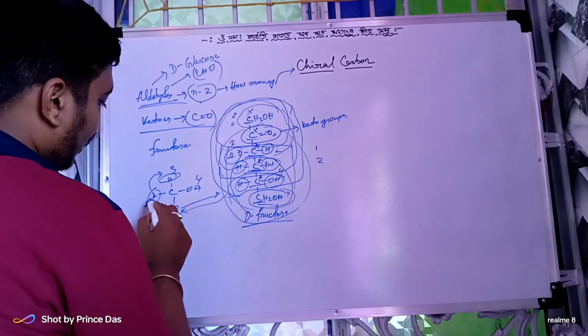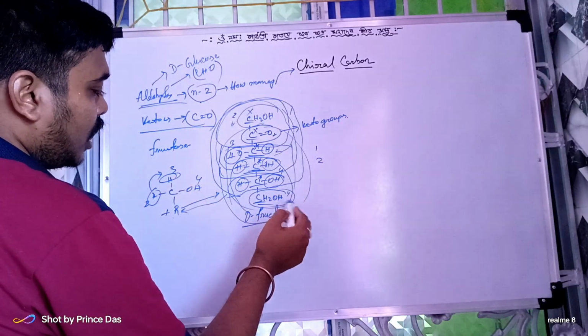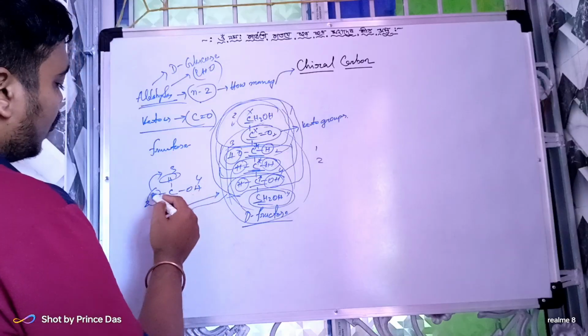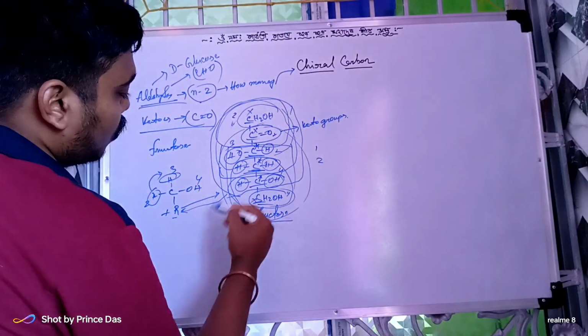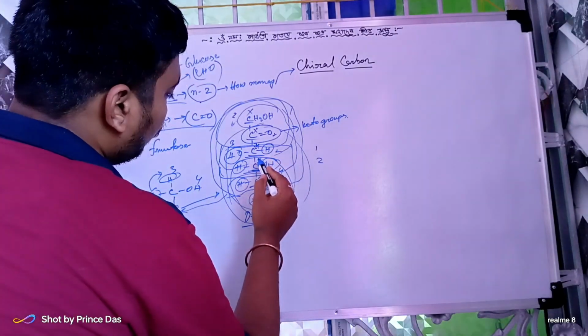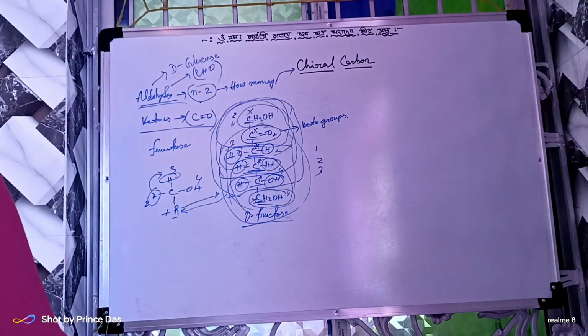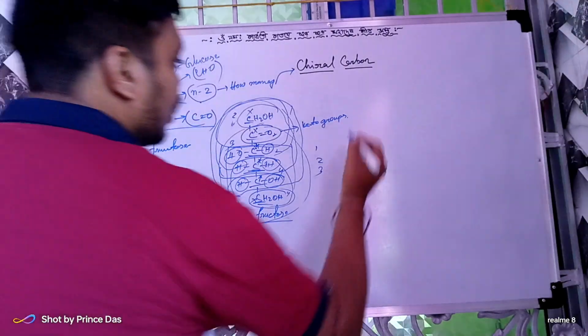Then H, 2H, and hydroxyl group. So R, 1, 2, 3, 4, but again 2 hydrogen, so it is not a chiral carbon. How many did I get? 3. Okay.